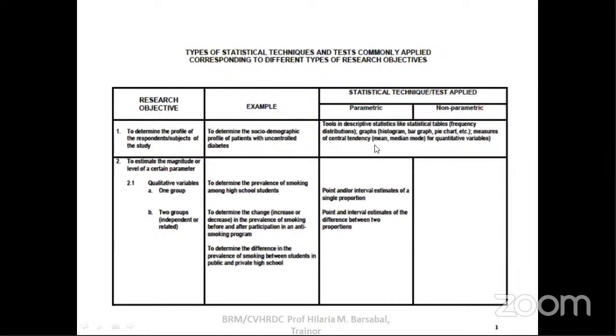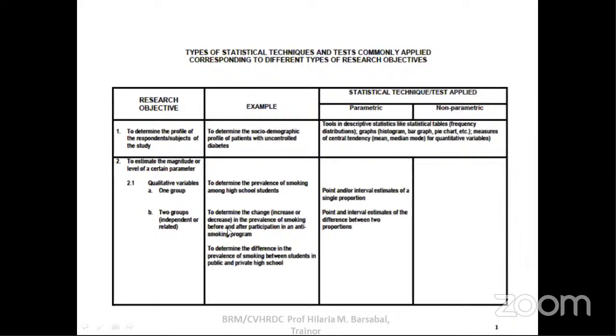So what is the objective? Prevalence of smoking among high school students. Therefore, you are going to analyze it using a point or interval estimate, and you are going to measure the proportion. So it is a parametric test, but you have to measure the proportion, prevalence of smoking.